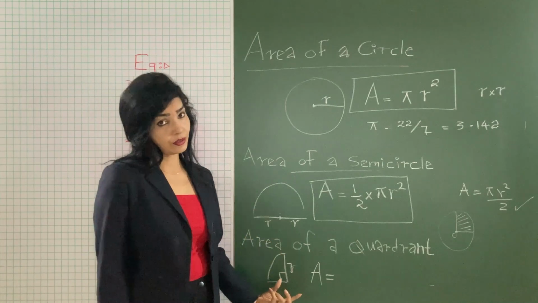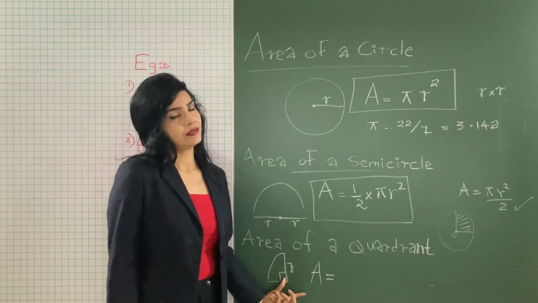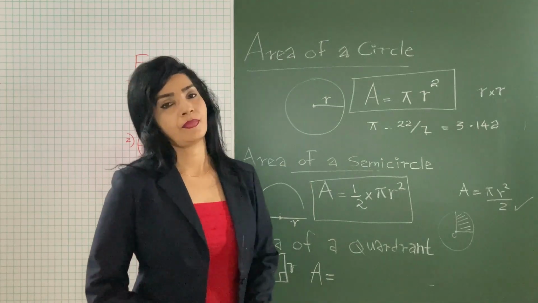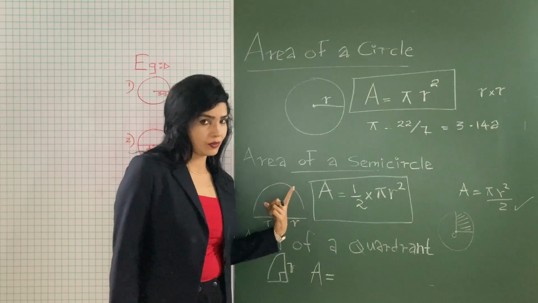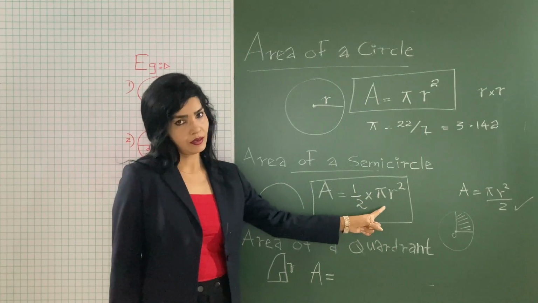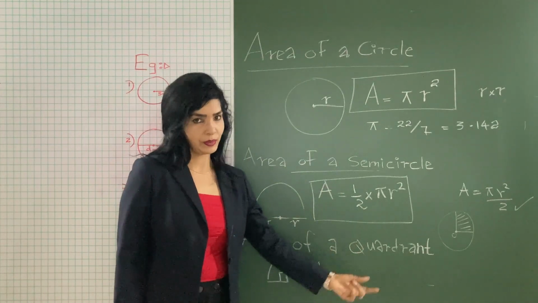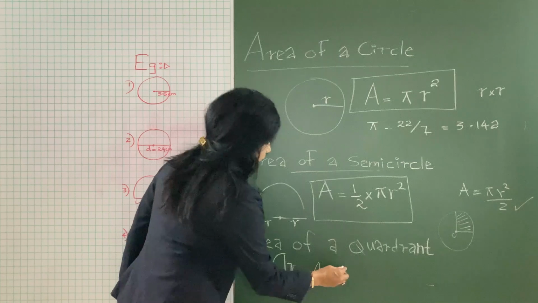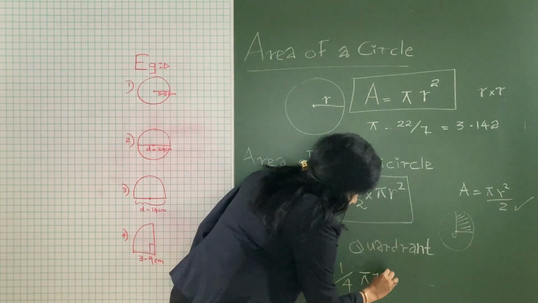A quadrant is a quarter of a circle. Then what should the quadrant area be? If the semicircle is half of a circle and comes with half into pi r square, a quarter of a circle should come with quarter into pi r square.